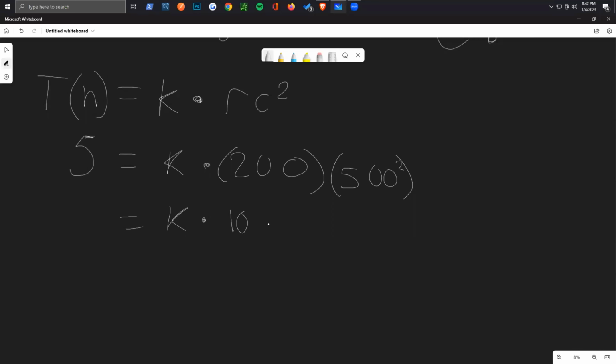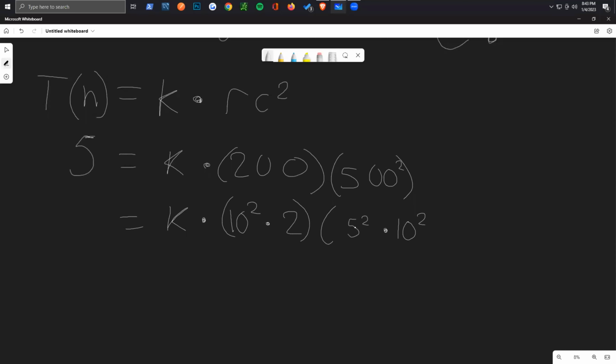So for example, we know that 200 is equal to 10 squared times 2. That's how I like to think of it. And then we have 500 squared.